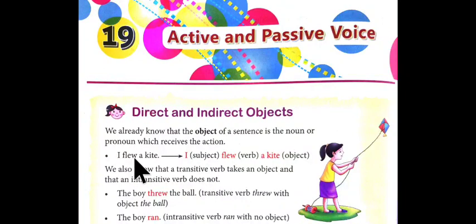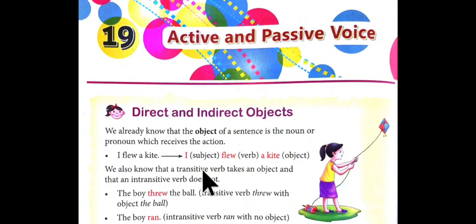Okay, now next point, students, we also know that a transitive verb takes an object and that an intransitive verb does not. Basically there are two types of verb, transitive verb and intransitive verb. This concept should also be clear to you.